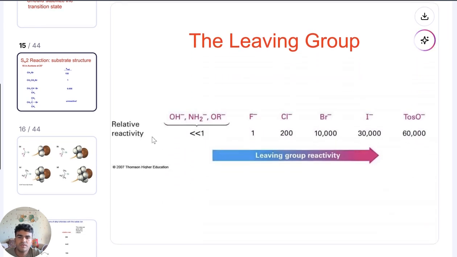Now if you see that for F minus, the rate is 1. For Cl minus as a leaving group, the rate is 200. Br minus, it is 10,000. I minus, it is 30,000. And OTs minus, it is 60,000. Because towards the right, the negative charge gets stabilized more, from left to right.